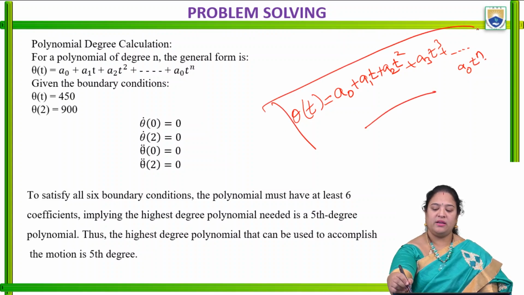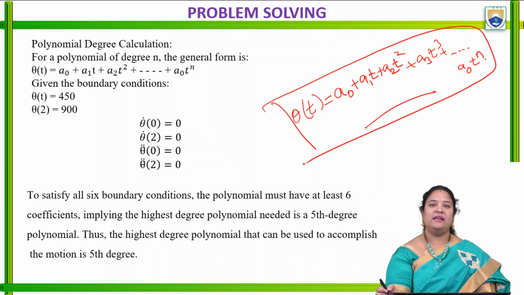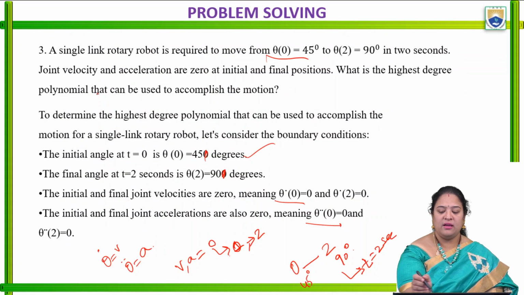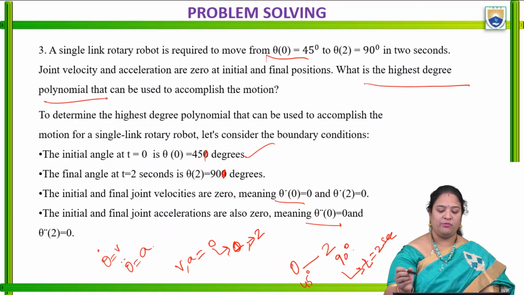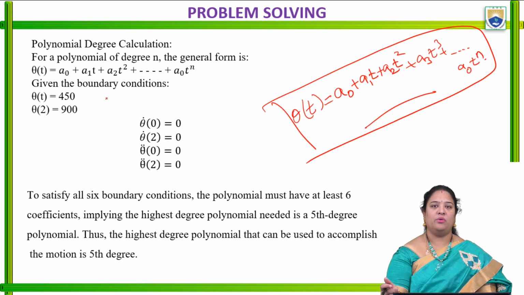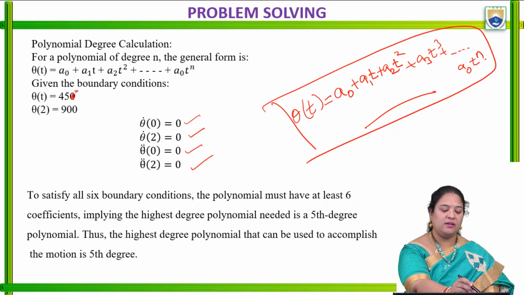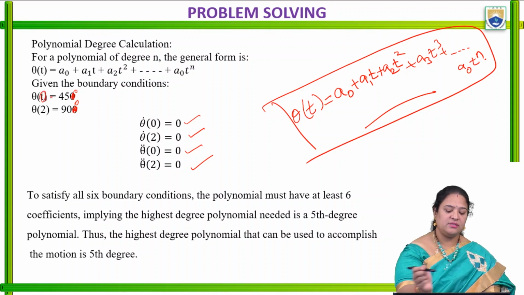With this equation, we will be calculating the highest degree polynomial. This is already given: theta dot, that is velocity, at the initial point is 0, velocity at the final point is 0, acceleration at the initial point is 0 and acceleration at the final point is 0, and theta at the initial point is 45, theta at the final point is 90 degrees.